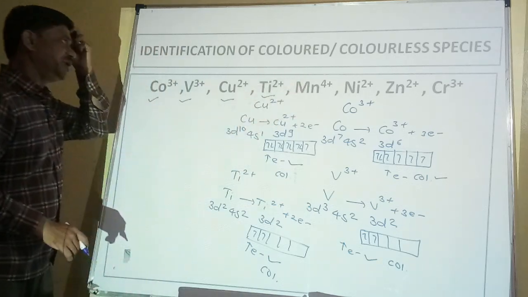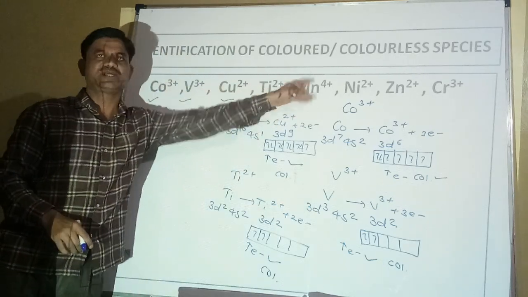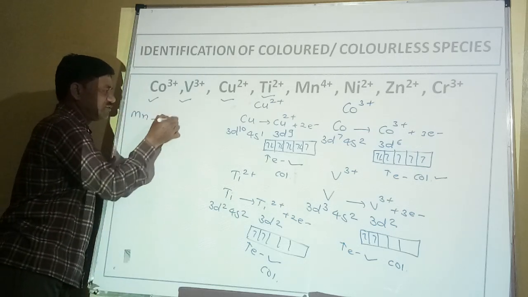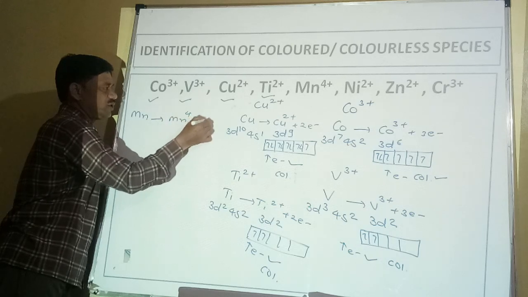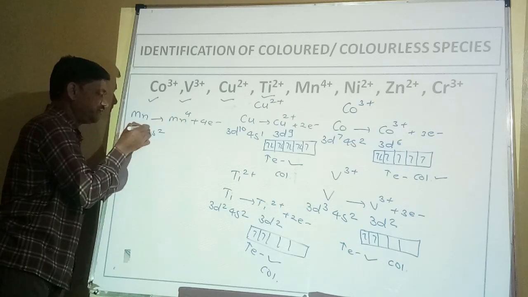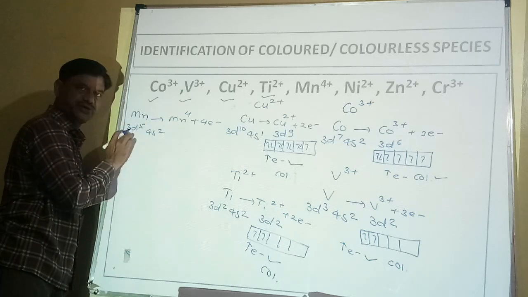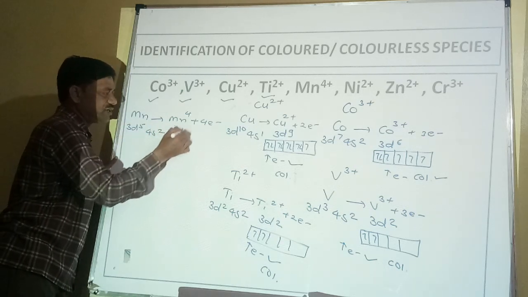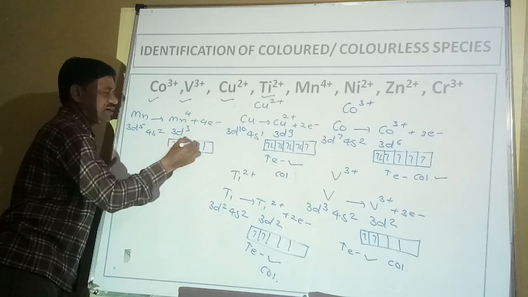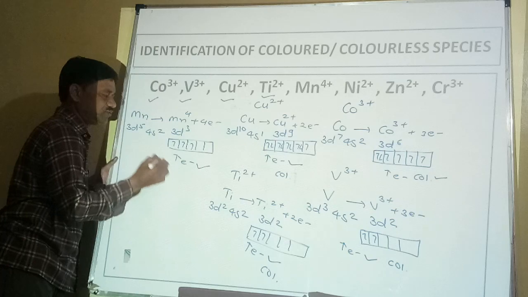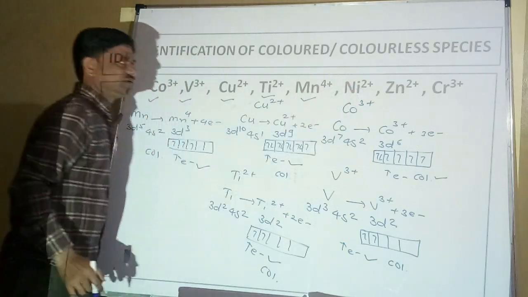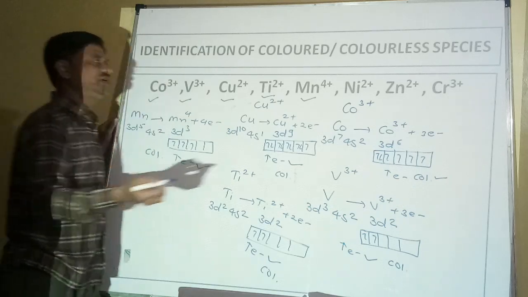What about the Mn plus 4 ion? Mn gives rise to Mn plus 4 by loss of 4 electrons. 4s2, 3d5: 2 electrons from 4s, 2 from 3d. So it becomes 3d3. There is presence of unpaired electrons. It is again found to be colored. Remember this one, it is also colored. Now nickel plus 2 is also found to be colored.